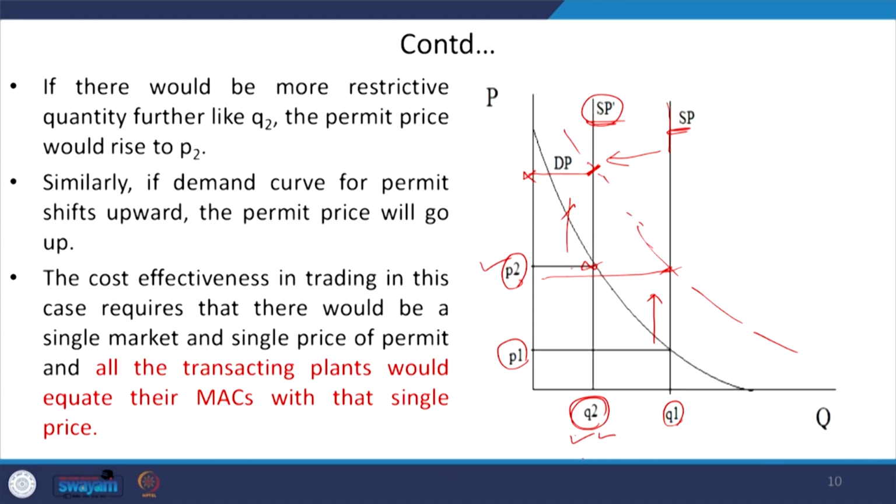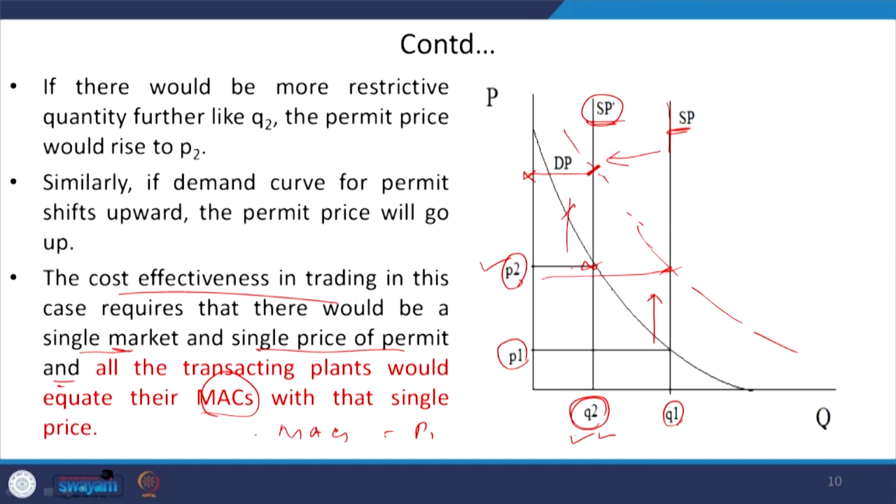So, in this case the cost effectiveness in trading of this permit requires that there would be a single market and a single price of the permit, right, and all the plants involved in these transactions will be trying to equate their marginal abatement cost with this single price. So, if it is for the first case of limit, if it is this P1, then all these plants will be trying to equate their marginal abatement cost to this price level, okay.